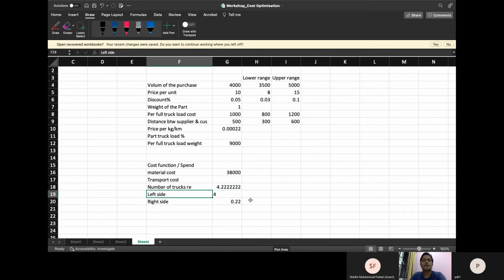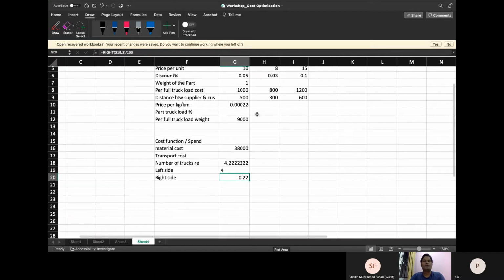So the left side is the full trucks, and this is our 0.22 partial truck.